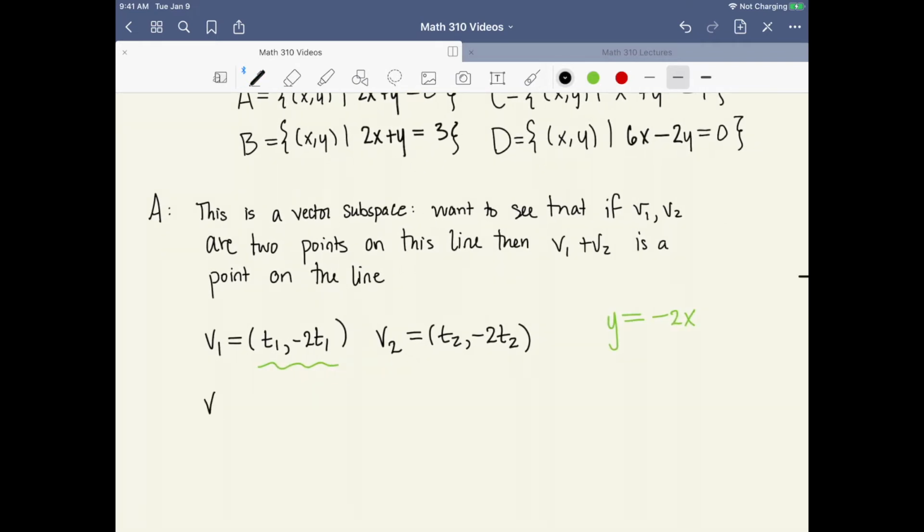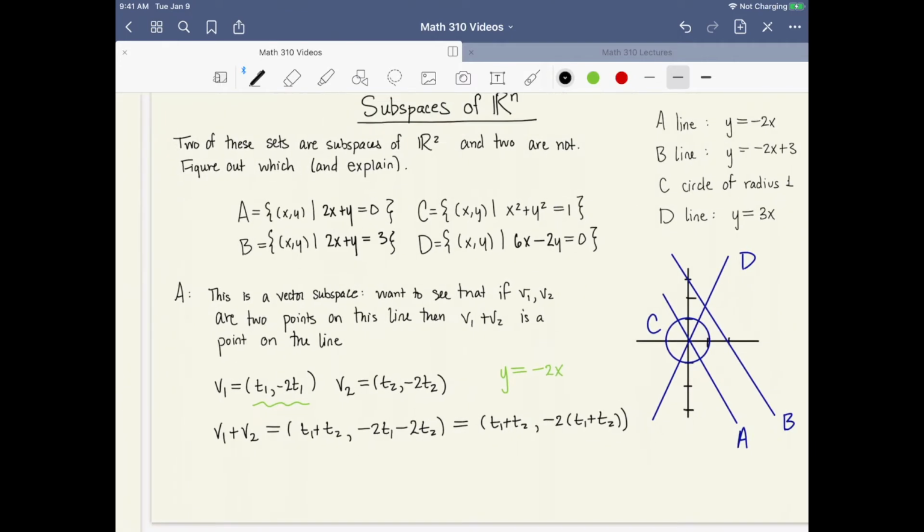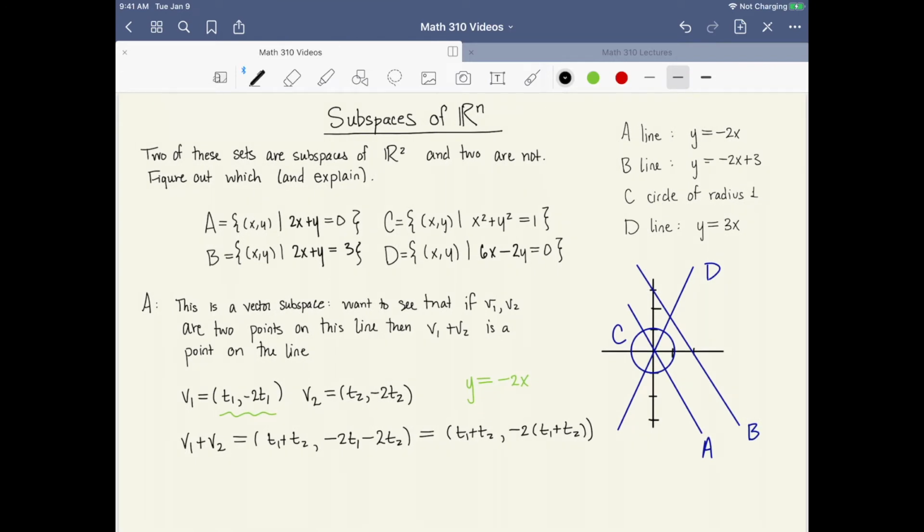Now observe what happens when I add v1 and v2 together. I add them component-wise, so I get t1 plus t2, and then minus 2t1 minus 2t2, which I can rewrite as (t1 plus t2, minus 2 times (t1 plus t2)). This is essentially of the same form as v1 or v2.